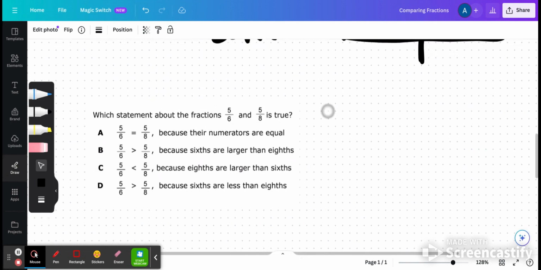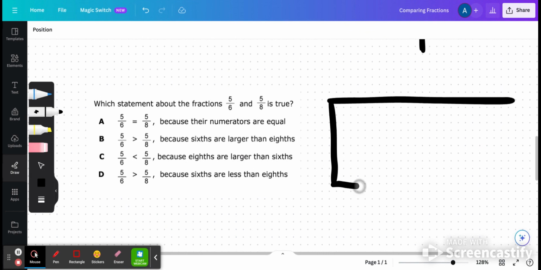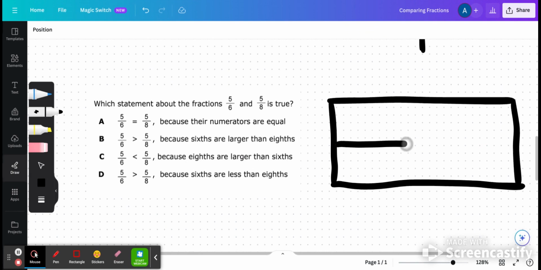So we're going to draw our rectangle and start getting our fraction bars created. So we're going to split this in half to create 2 bars. And the first thing we're going to do is represent 5/6. Now I know 6 is going to be in the family of 3, 6, 12.